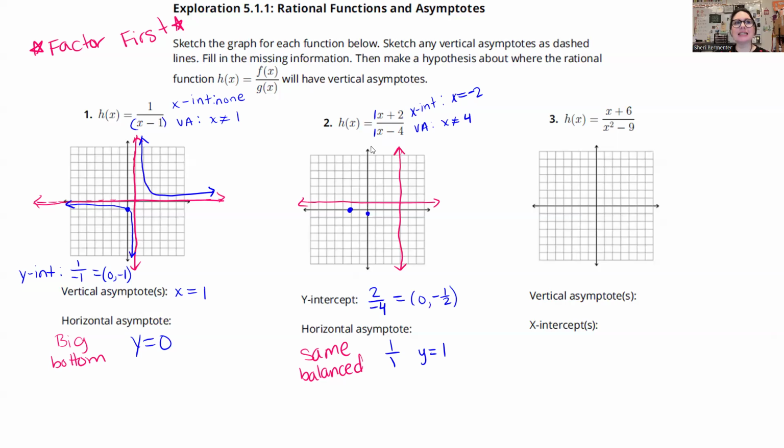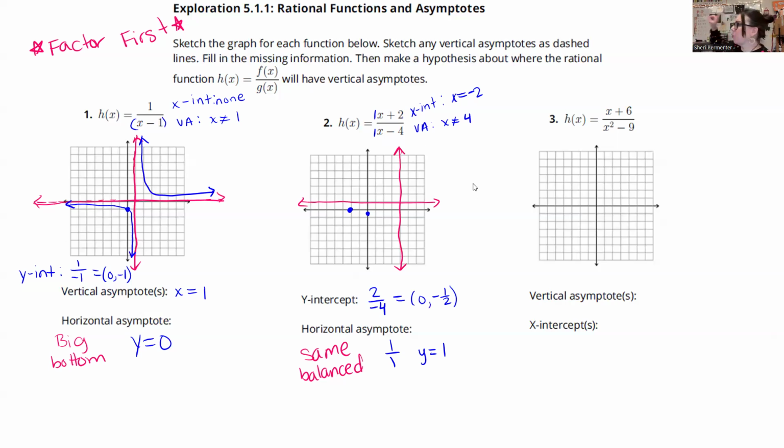So my graph has to end on the top of the x-axis. On the right side, it has to end on top. And it kind of makes sense based on where I put my intercepts, that I can tell I'm going to have a branch over here because it's got to go through there. So my right branch is going to be up here.